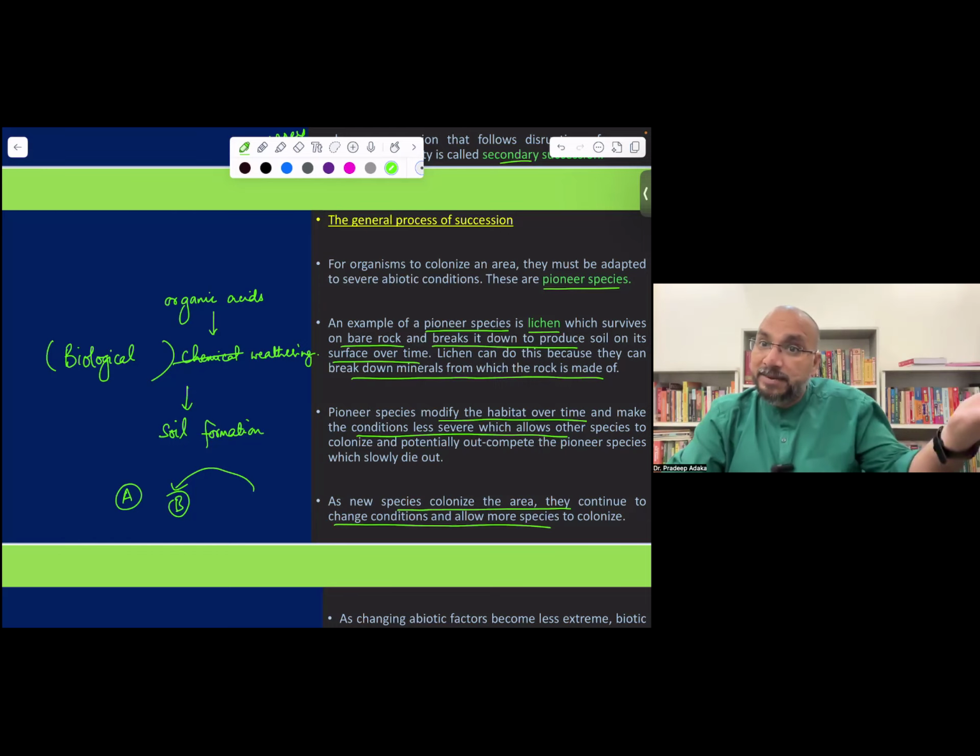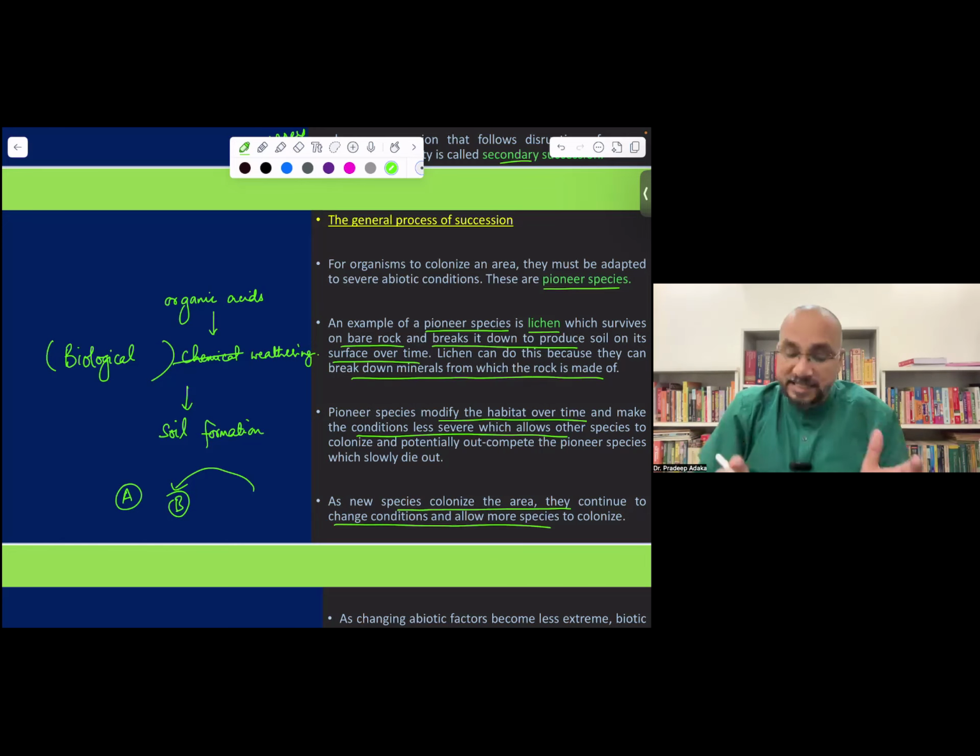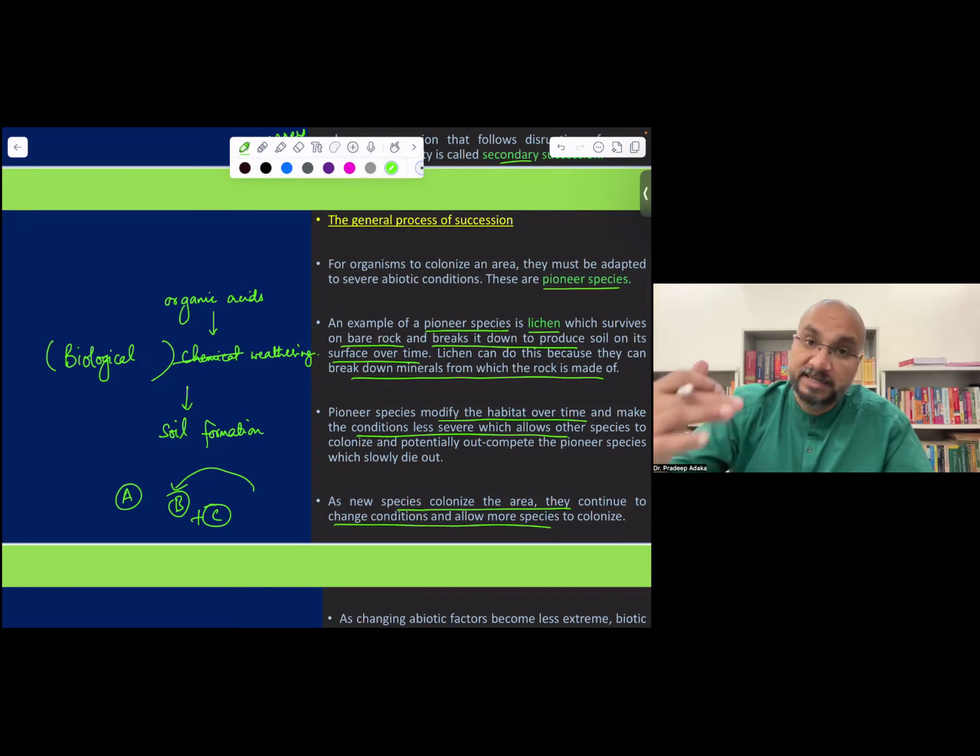C will outcompete B and B will be eliminated, or for some time B and C will grow together, but ultimately B will be replaced because C will outgrow it. For some time they may coexist, but they are competing for the same resources. C will overtake the area. Now you are getting it, right? कैसे वो composition change होता है.